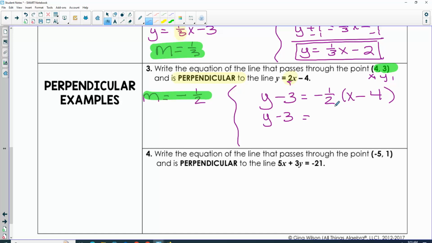Take the time, order of operations, we have to multiply this out. So that's a negative 1/2 x. Negative 1/2 times negative 4, positive 2. Add our 3. So we get negative 1/2 x plus 1.